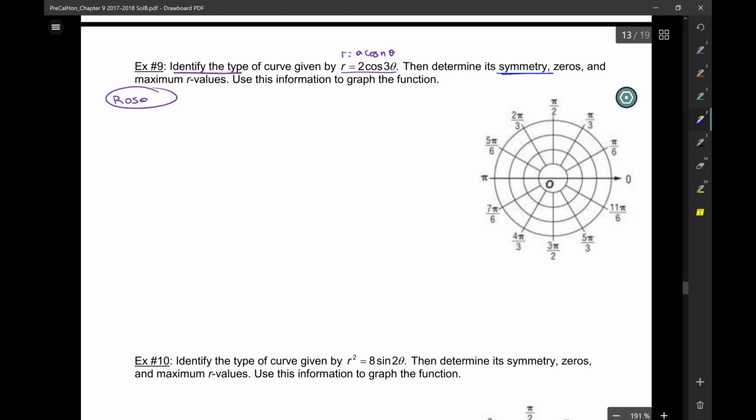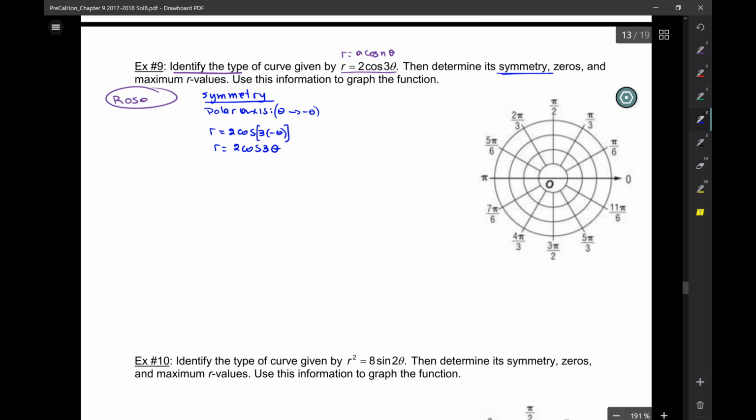So let's talk about symmetry. All right? So let's see polar axis. For the polar axis, what do we plug in? Theta equals what? Negative theta. So let's see. R equals 2 cosine 3 times negative theta. Do we get the same function back?